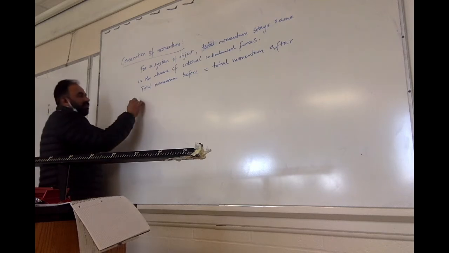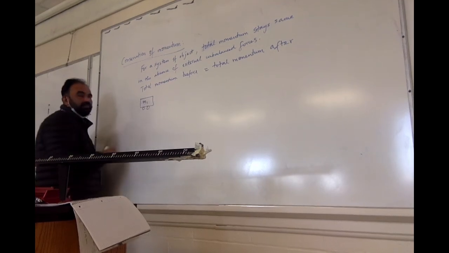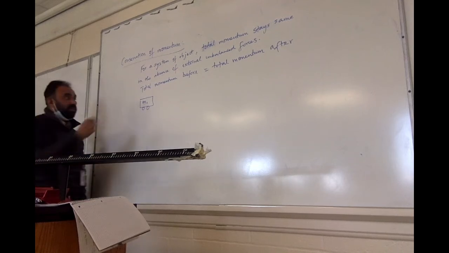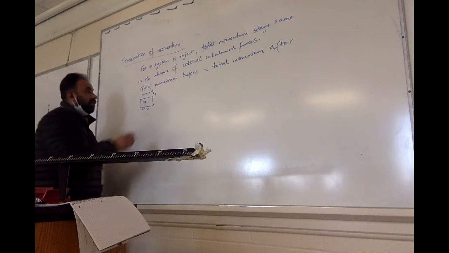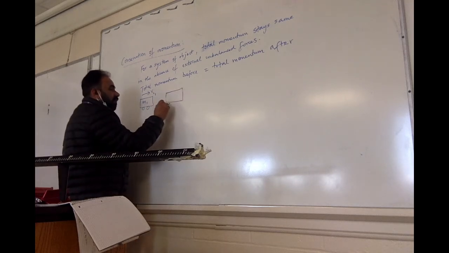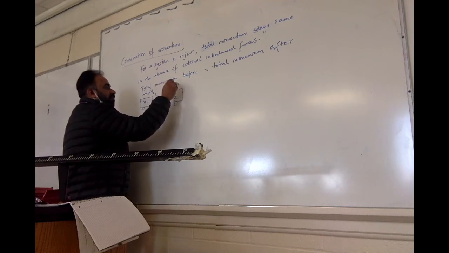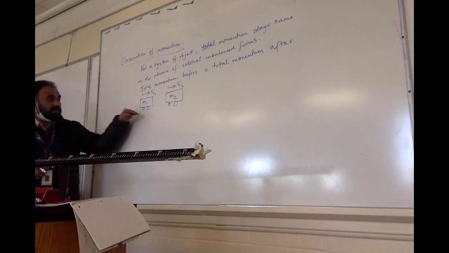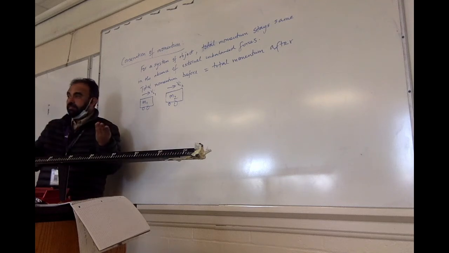So let's say, for example, I have a cart which has a mass of m1, and it is moving with an initial velocity of vi1, and it collides with another cart of mass m2, which is moving with the velocity vi2. Think of two cars, one going and the other going, so they come and hit.